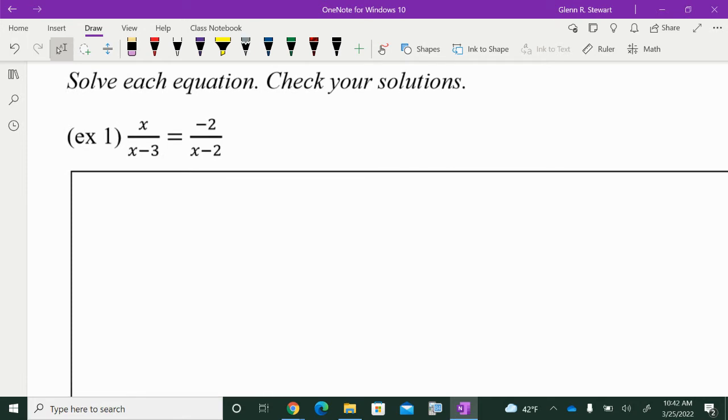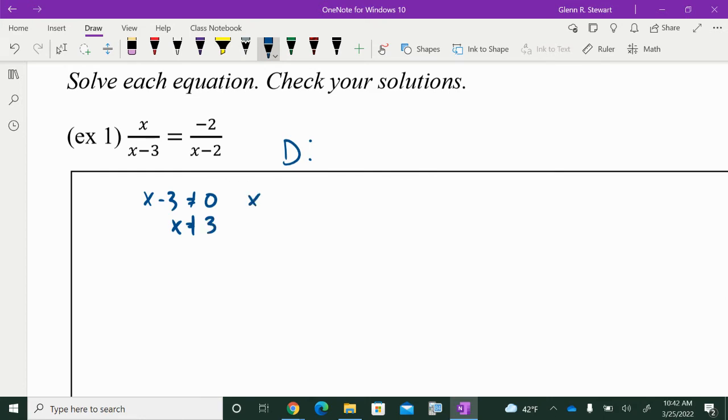This is going to be a very simple cross multiplication type problem. But before you do that, I just want you to take a look at your domain. If you notice on this side, x minus 3 cannot be equal to 0, so x itself cannot be equal to 3.